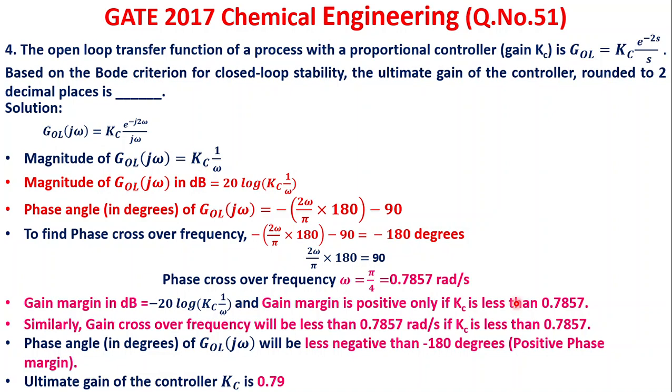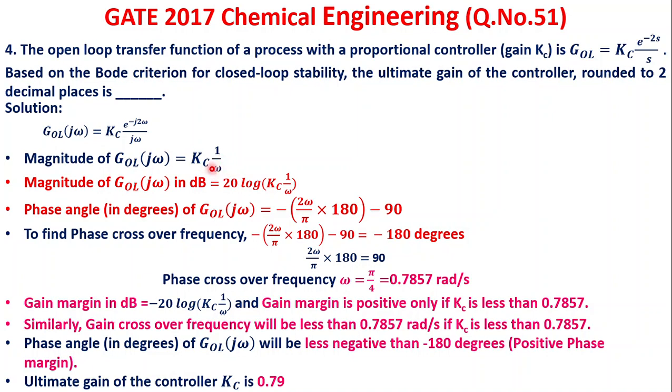Similarly, we should see the phase margin also. So, how to find out the phase margin? We have to find out the gain crossover frequency. What is the gain crossover frequency? It is the frequency at which the magnitude is 1 or 0 dB. Therefore, when Kc and omega are equal, that frequency is the gain crossover frequency. Suppose that gain crossover frequency is less than 0.7857.